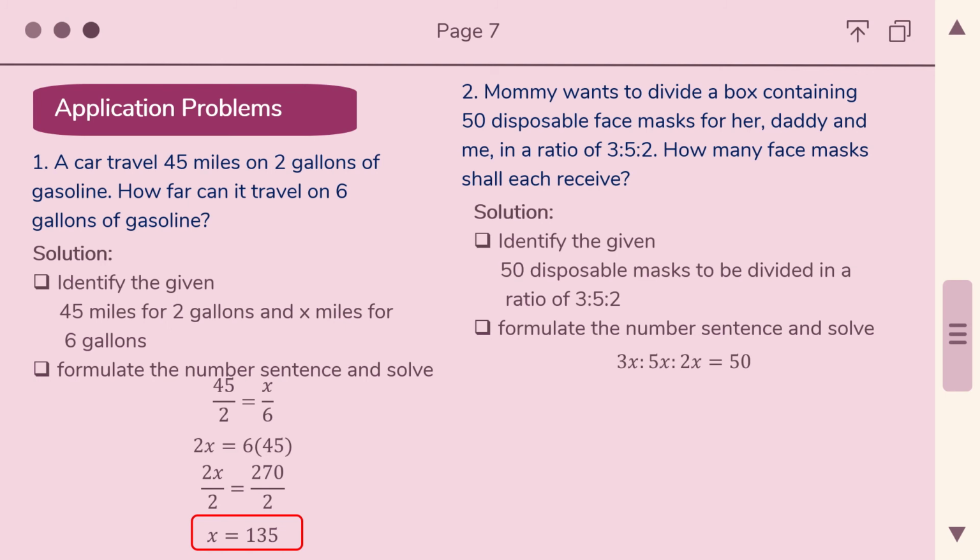So ang pag-represent sa ratio nga 3:5:2 can be represented by 3x:5x:2x equal to 50, because the variable x represents the actual number of face mask nga pwedeng i-distribute ngadto sa tulo ka members sa family.